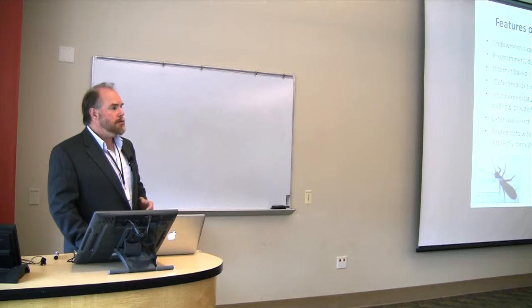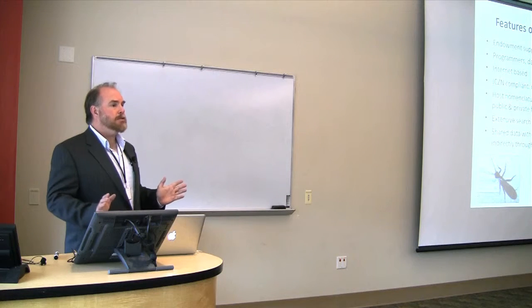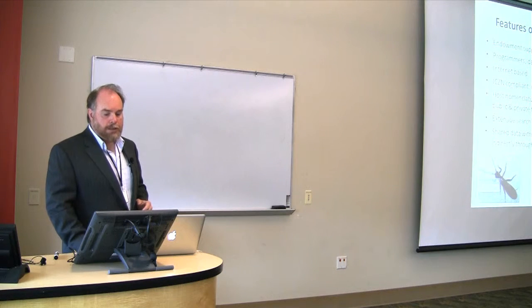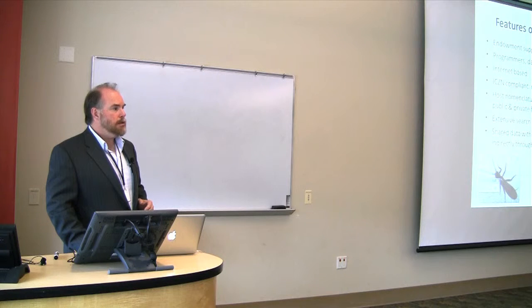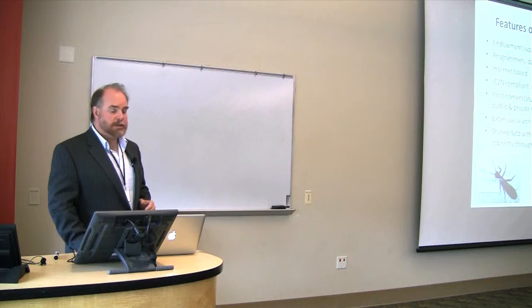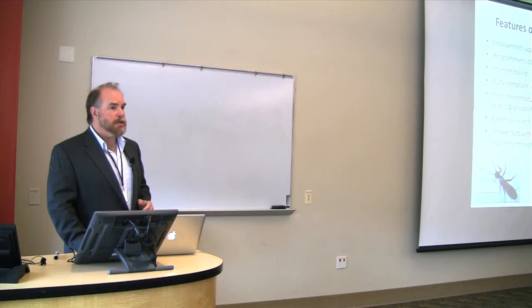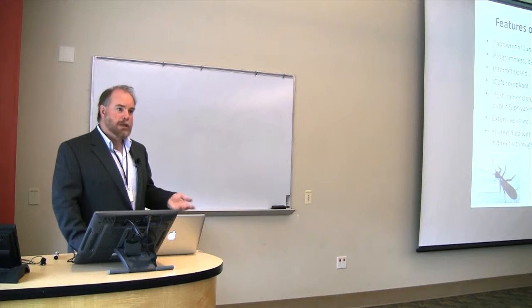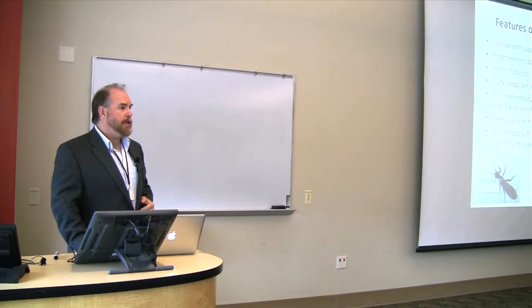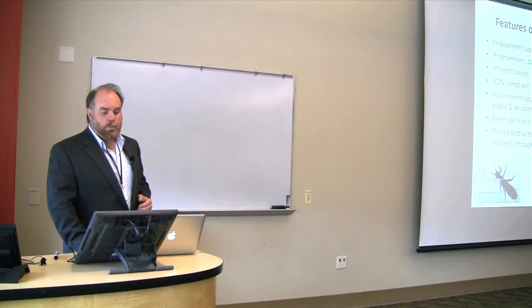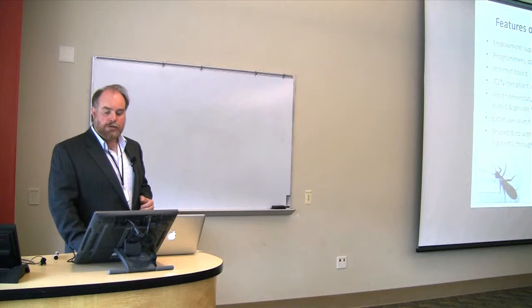We're internet-based, so you can get to us from any place in the world. We're International Code of Zoological Nomenclature compliant. We have many tests built into the system, lots of checks in place. You enter data, we'll tell you if you goofed up entering the data. We host lots of nomenclatural, literature, distribution, specimen records.